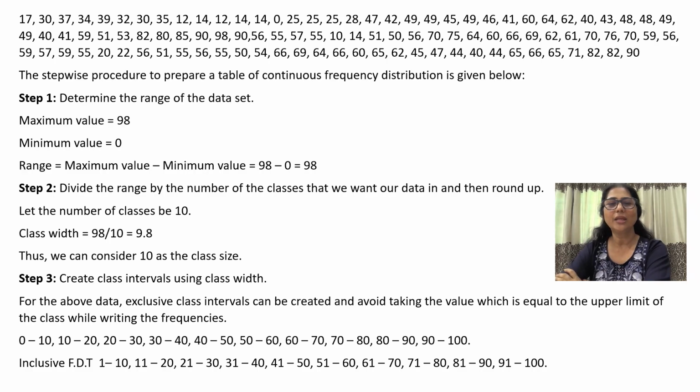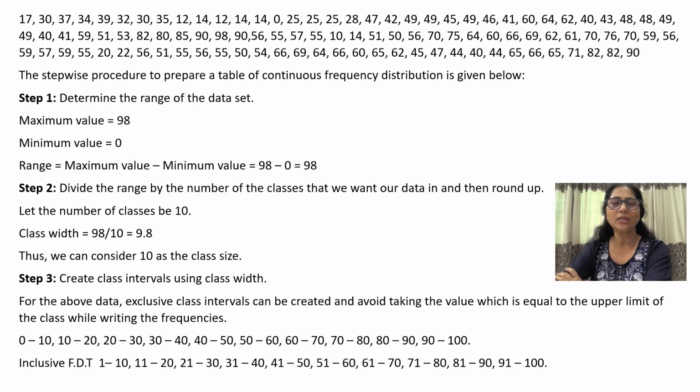Then we can arrange our data set in the form of an exclusive series. So the class intervals are 0 to 10, 10 to 20, 20 to 30, 30 to 40, and so on, up to 90 to 100. Then we put the numbers which come in 0 to 10 into the 0 to 10 class.